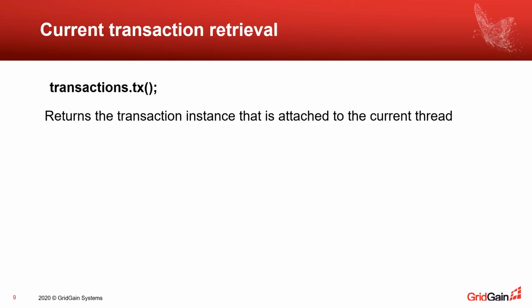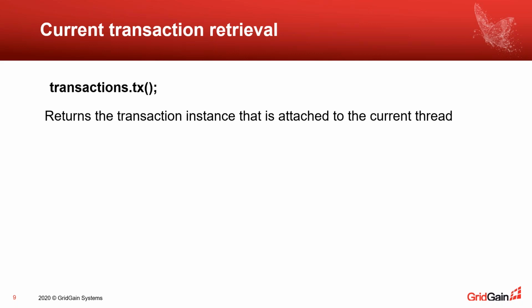Another method, probably not so likely to be used in real code but handy, is transactions.tx. According to the fact that a transaction is attached to the current thread, you can just execute transactions.tx and it will return the transaction instance that is attached to the current thread at the moment. It can be useful.